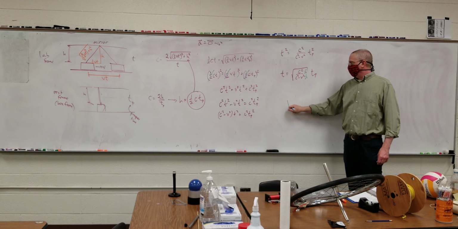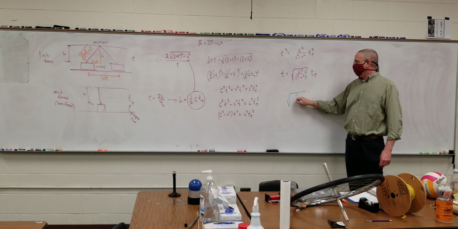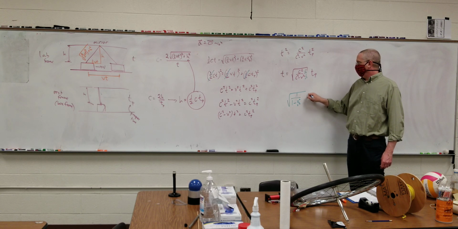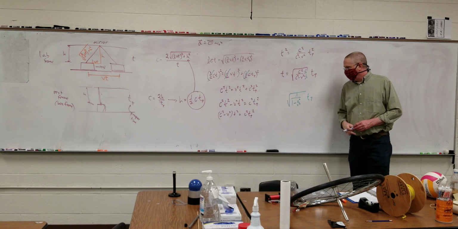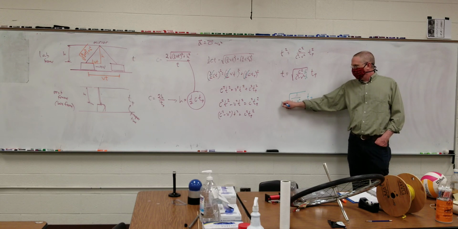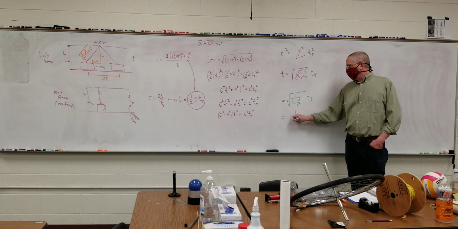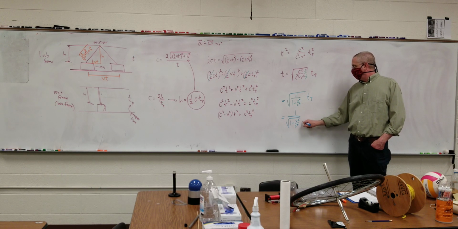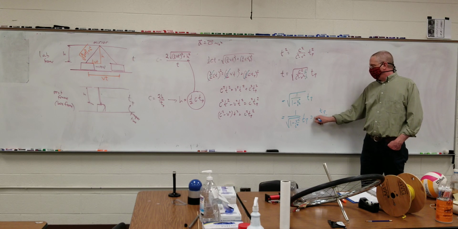And what I get is the square root of 1 over 1 minus V squared over C squared times TP, which is equal to 1 over the square root of 1 minus V squared over C squared times TP. Sometimes it's written as TP over the square root of 1 minus V squared over C squared.